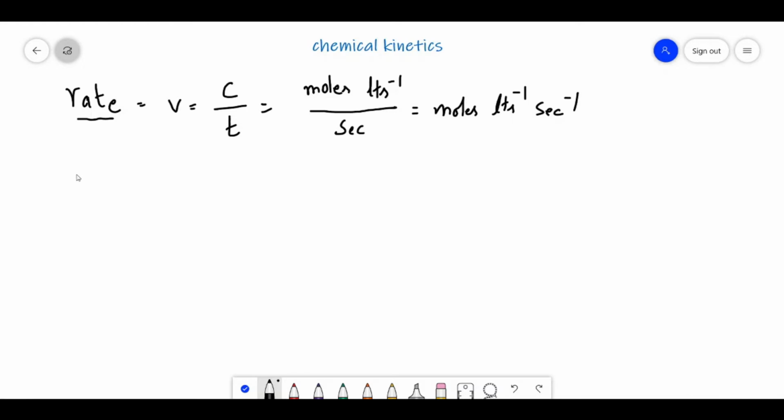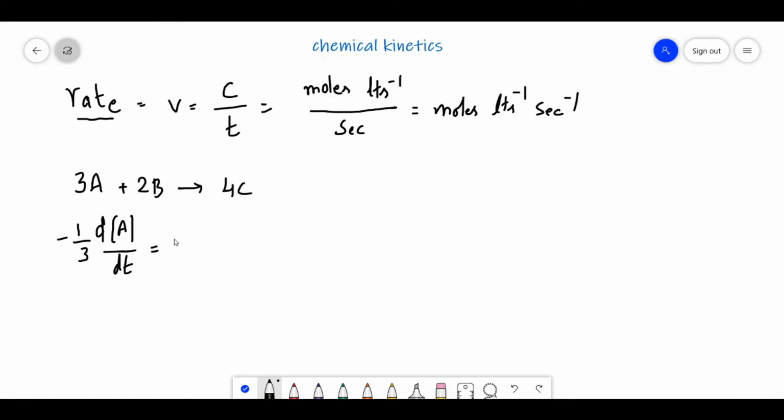Suppose a reaction is there, like 3A plus 2B gives rise to 4C. To this reaction he will ask to write the instant rate. So for this, the instant rate can be taken as minus 1 by 3 d of concentration of A by dt. This is nothing but change in concentration of A by change in time.